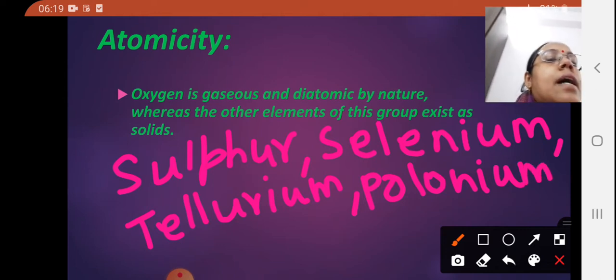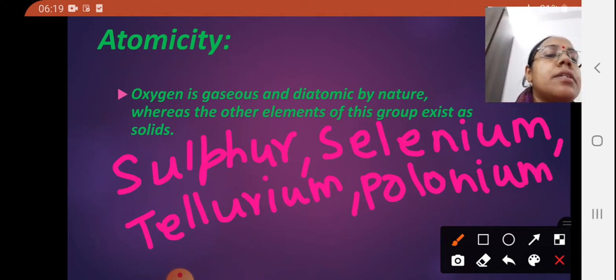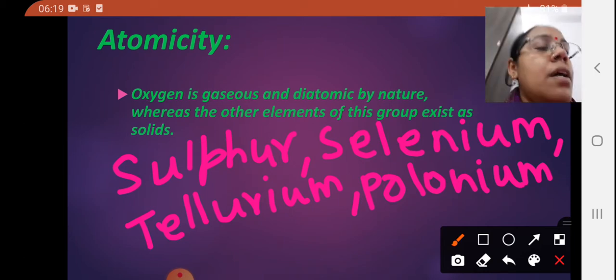So these are the other elements present in group 16 other than oxygen. Only oxygen is found in gaseous state in diatomic form, whereas sulfur, selenium, tellurium and polonium are existing in solid form in nature.